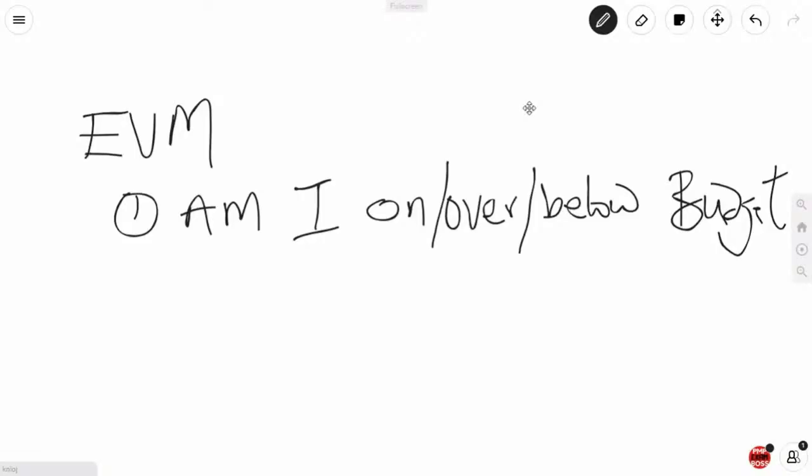Or am I below the budget that I planned for a particular activity or particular thing on the project? That's the first thing that EVM is going to help you address. Am I on budget? Am I over budget? The correct word would be under budget. Under budget. Okay? So earned value right off the bat is going to address that. Am I under budget? Am I over budget? Am I on budget?